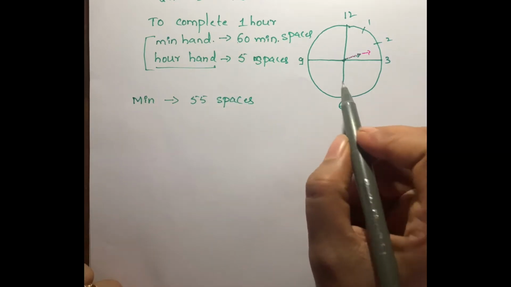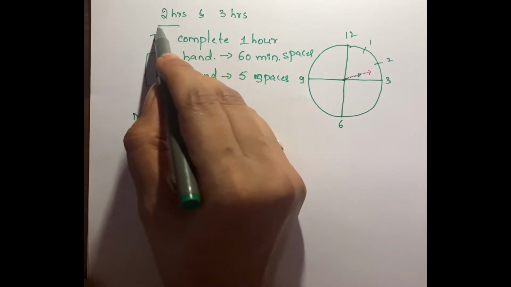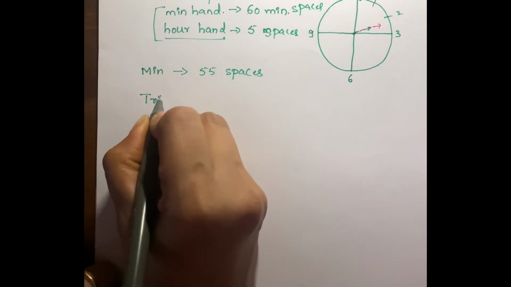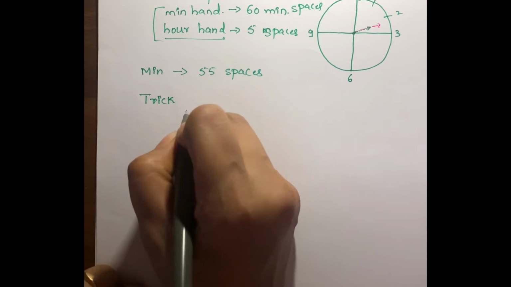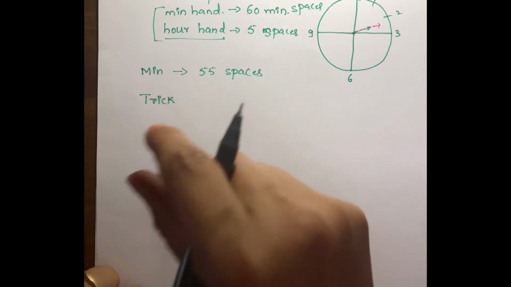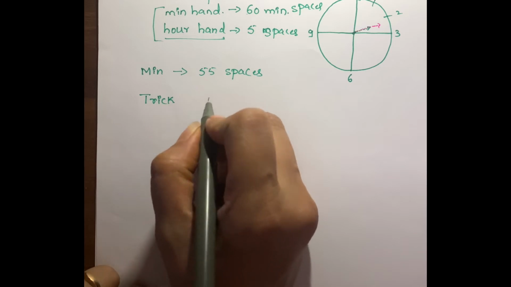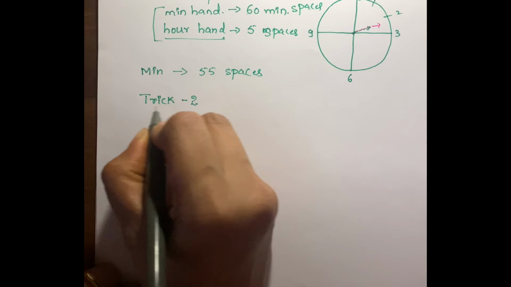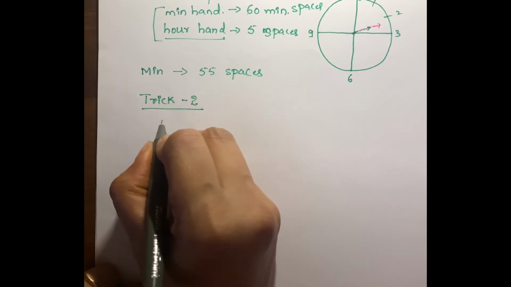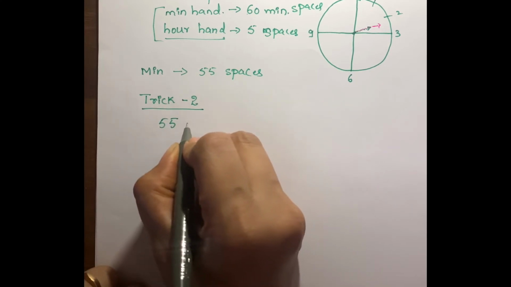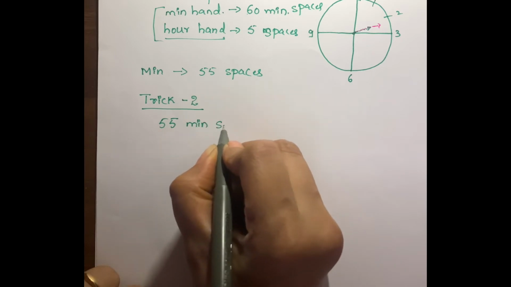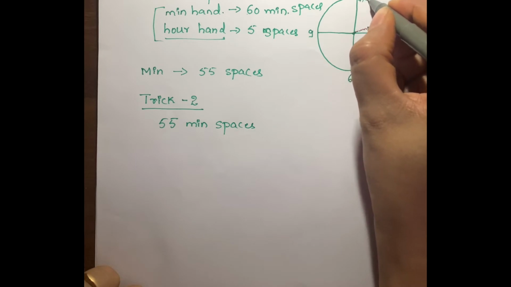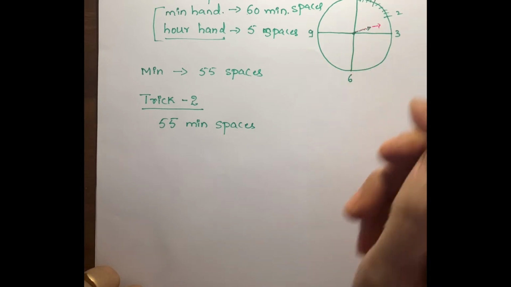So the trick which we are going to apply to solve this particular question is, you have to note this, very important, because using this trick only, or using this statement, we are going to solve all other types of problems also. So try to understand this very clearly. I'll write it as trick number 2. The statement is, 55 minute spaces. See here, if you go on counting 1 2 3 4 5, 1 2 3 4 5, it will go on like this.